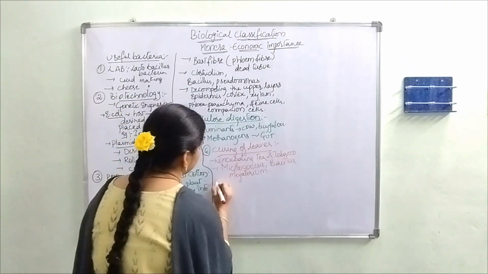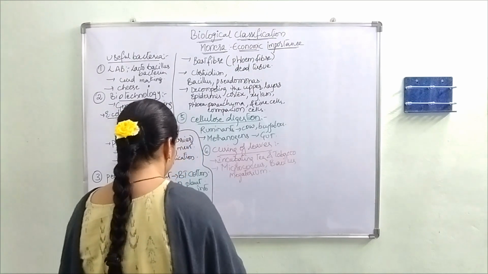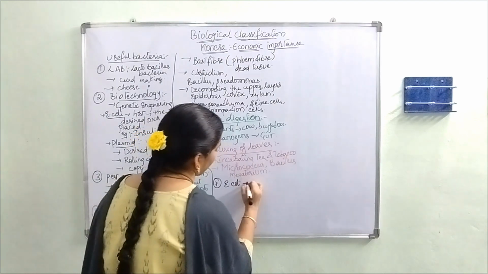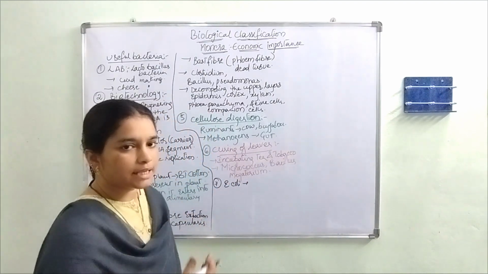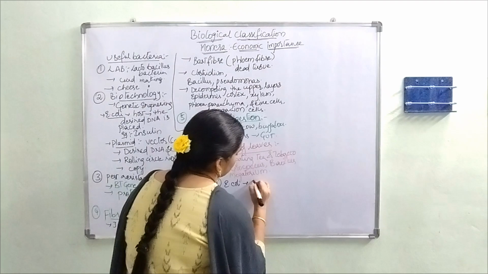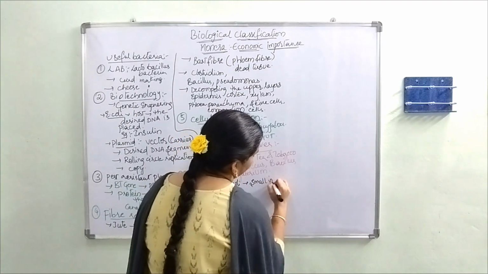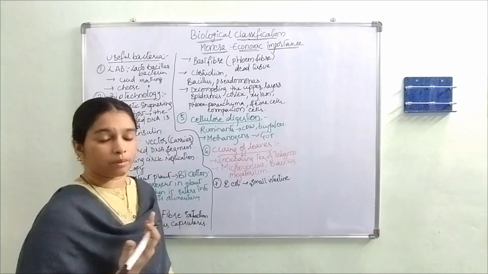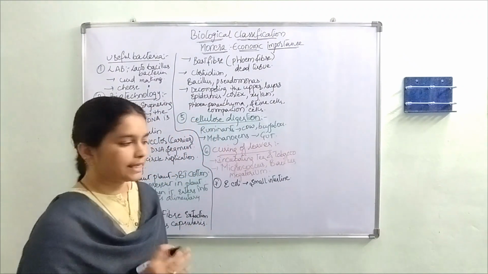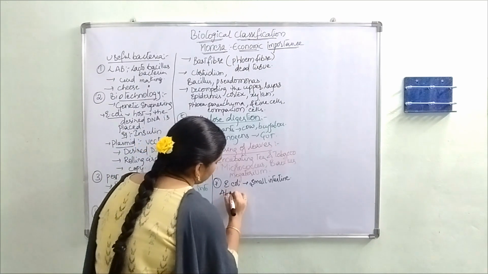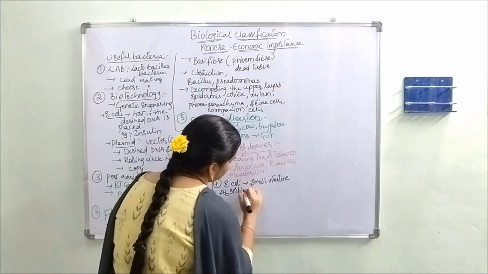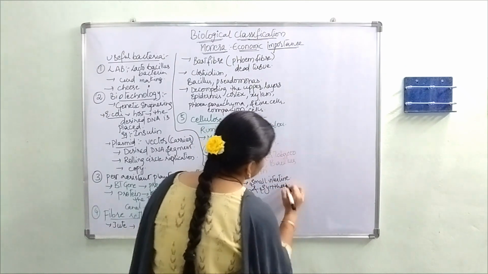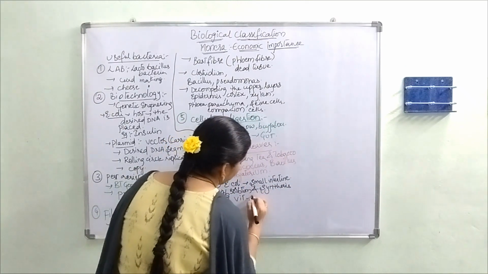Next, coming to number 7, E. coli. These E. coli cells are the bacteria which are present in the small intestine of our gut. The use of the presence of these bacteria in the small intestine is absorption and synthesis of vitamin B12.